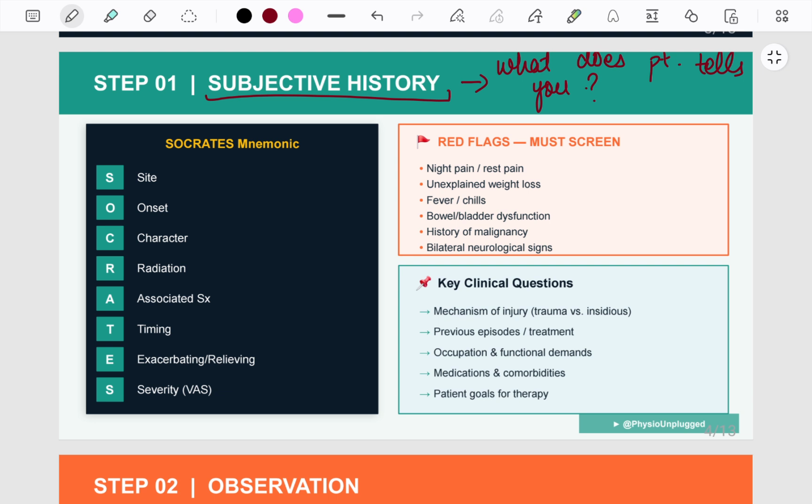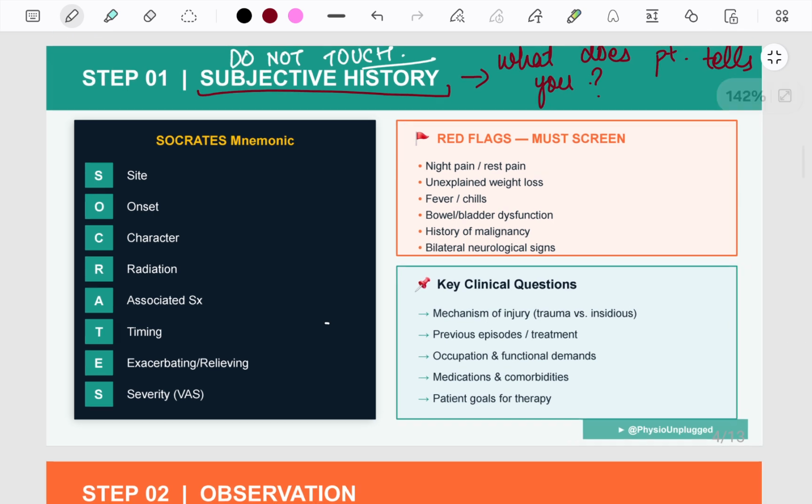Step 1, and I will say this clearly, this is the most important step in your entire assessment. This is where you have a talk with the patient and you listen to them very patiently. We do not touch them yet. So subjective history, do not touch yet. You don't test anything yet.